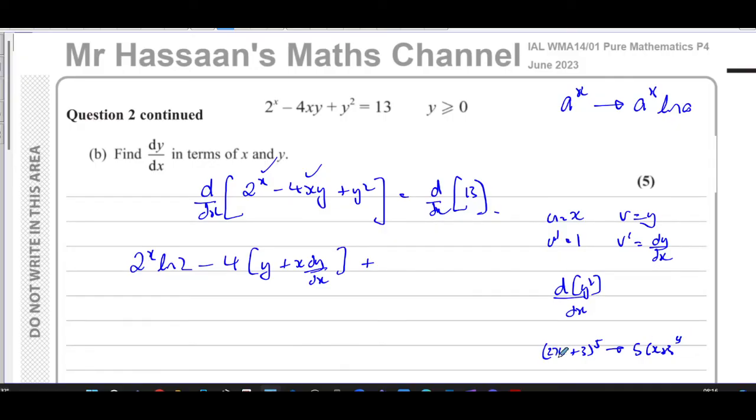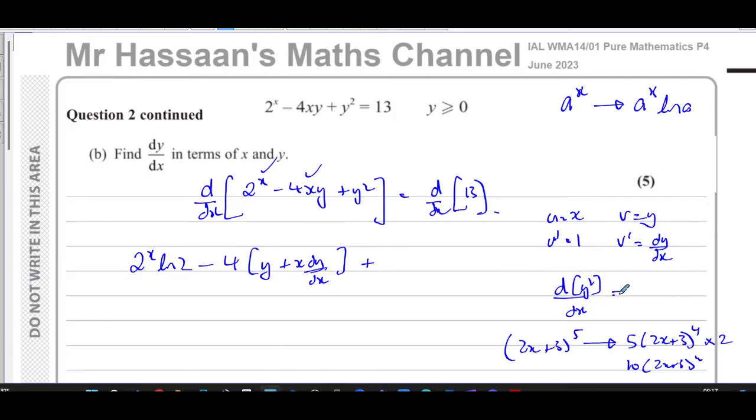You get 5 times 2x plus 3 to the power of 4. But then, because of the chain rule, as we know, we multiply by the differential of what's inside the function, which is 2. So we end up with 10 times 2x plus 3 to the power of 4.